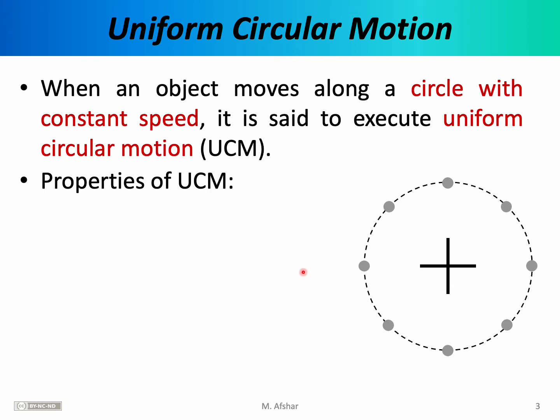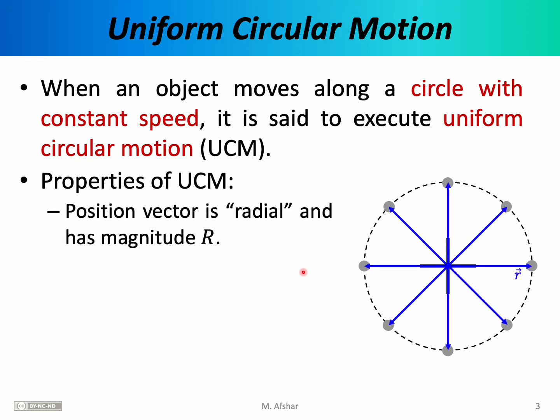Recall that if you want to understand the motion of an object, you have to understand its kinematic variables. In particular, you need to understand its position, its velocity, and its acceleration. For an object engaged in uniform circular motion, the position vector is always radial and has a magnitude r. So these blue arrows indicate the position of the object at various times.